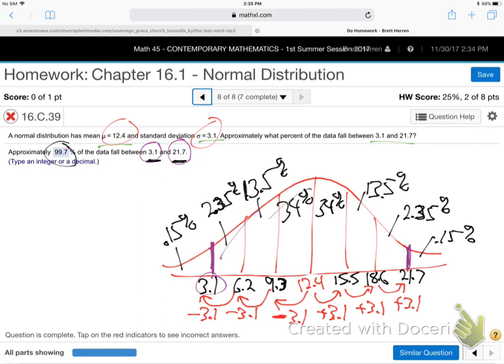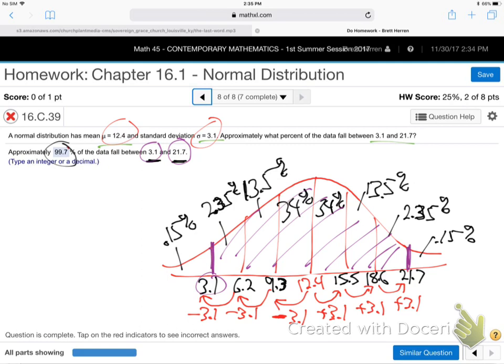So they're saying, what percentage is all of this? That's their question. Does that make sense? So I just put the middle on, 12.4 the mu, and then add the 3.1 three times, because that's the standard deviation, and subtract 3.1 three times. Then I find 3.1 and 21.7, and they're saying what percentage is between? So how do we figure out what percentage?